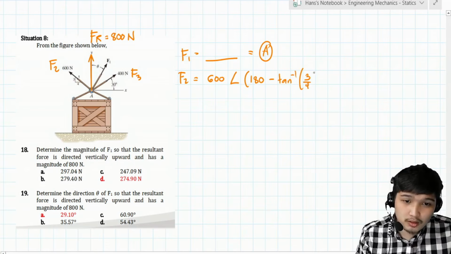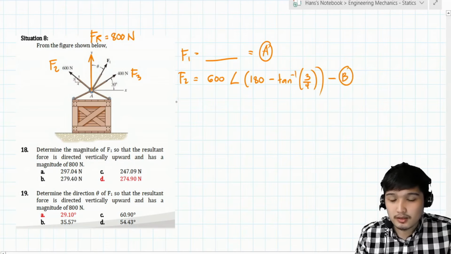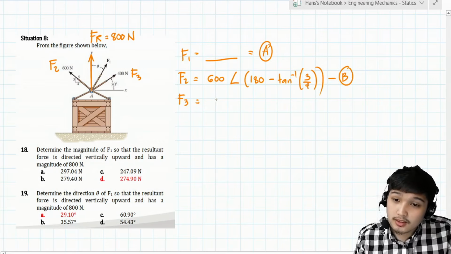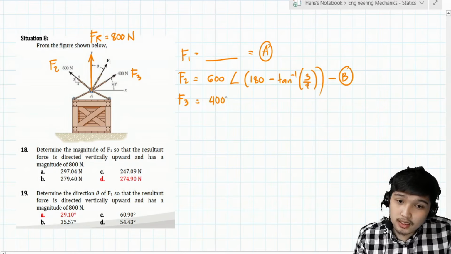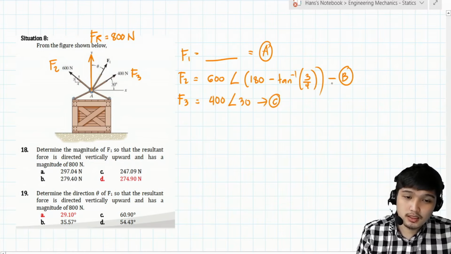You already know where that comes from. So, this one is letter B. While F3 is equal to 400 angle 30, so store in C.